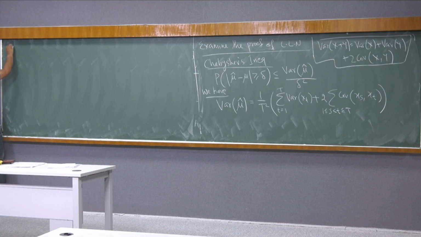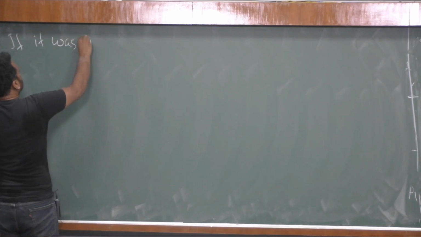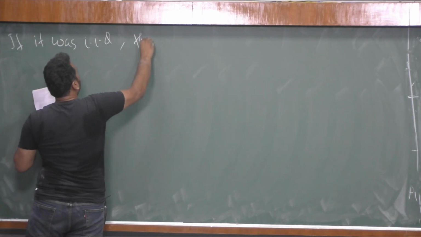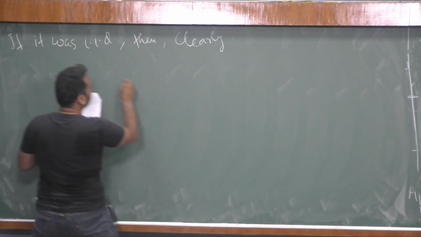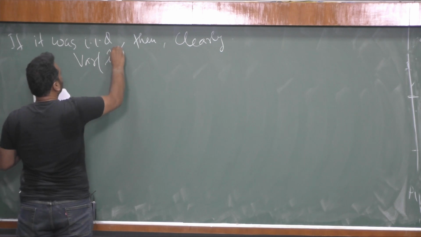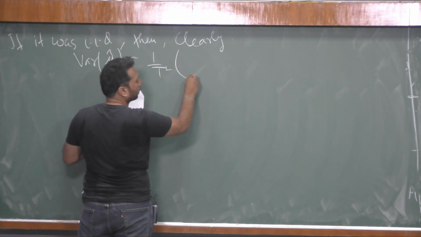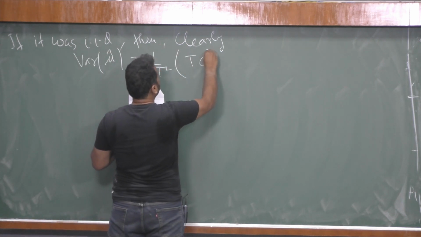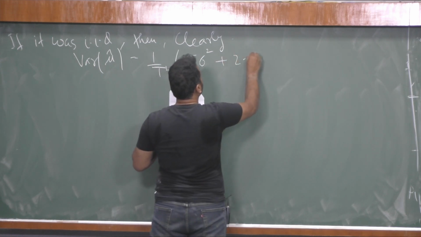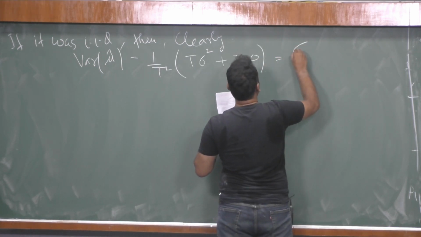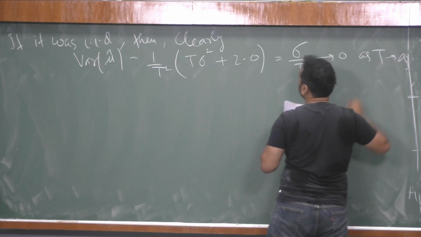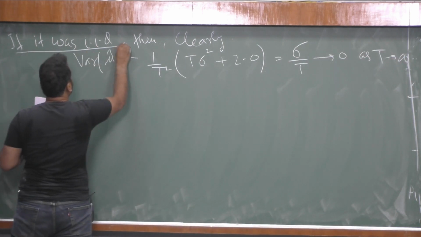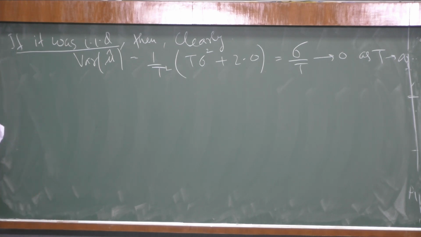If it was IID, then clearly the variance of mu hat would have been 1 by T squared, and then T times sigma squared, let us say, plus 2 times 0, and this is sigma squared by T, and this goes to 0 as T tends to infinity. So this was the case when it was IID, but this is not the case here.